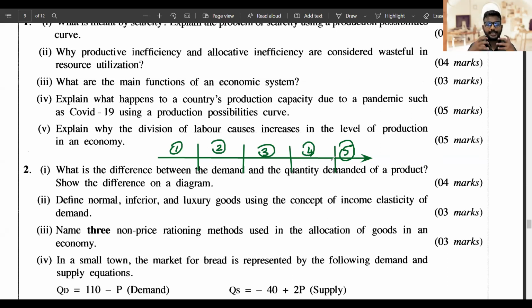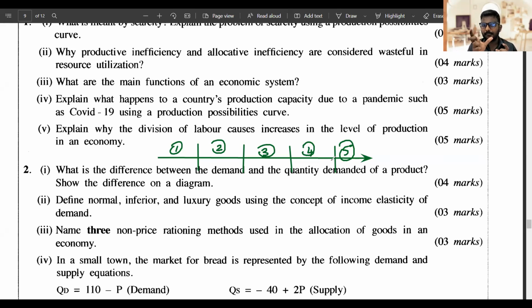Now the question is, why does this division of labor lead to an increase in the level of production in an economy? If you go to the production possibility curve, there are 2 reasons that can increase the production capacity of a country. One is the introduction of new resources, an increase in the available resources. The other one is an increase in productivity.